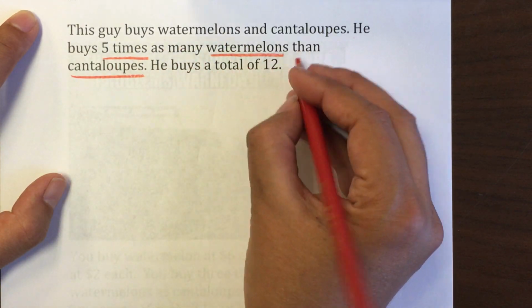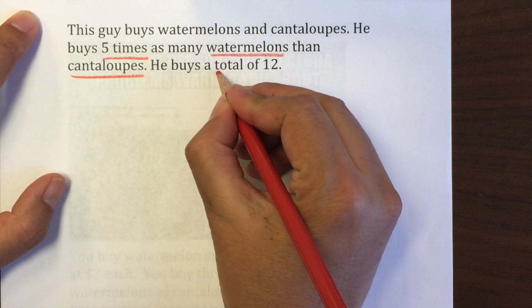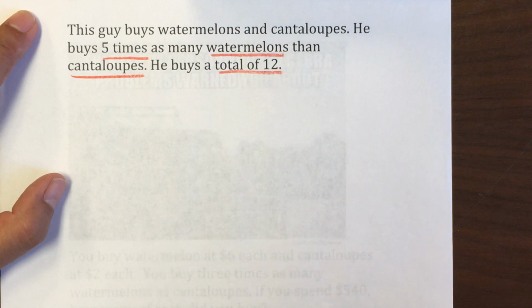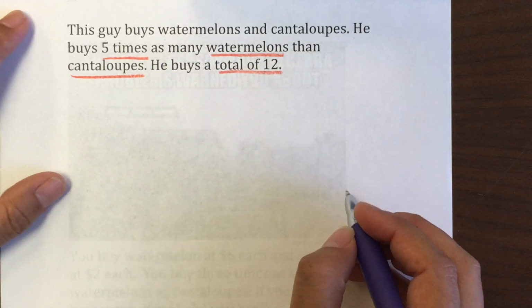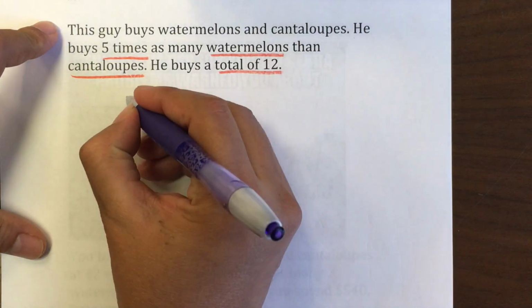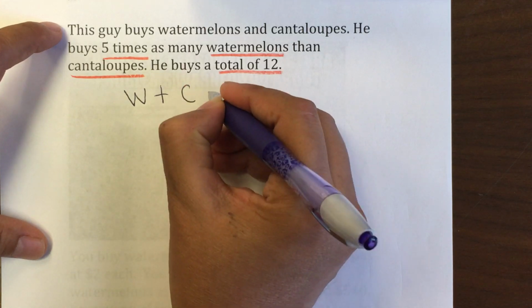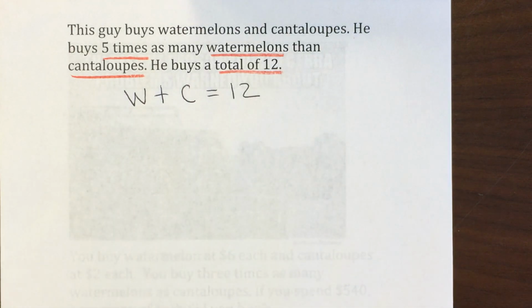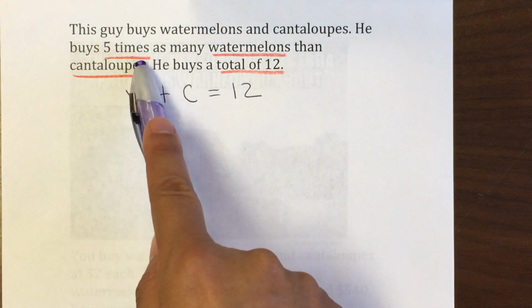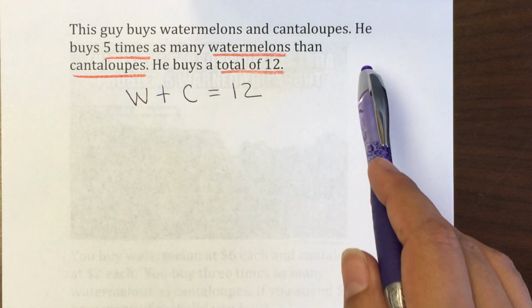He buys a total of 12. That means if we buy a total, that means that we're adding them together, right? So total of 12. So let's start with the last sentence to make our first equation, since that's easier. We know that our watermelons plus our cantaloupes is equal to a total of 12. Now the next one is a comparison, and we just need to check which one has more, or which one we're comparing with.